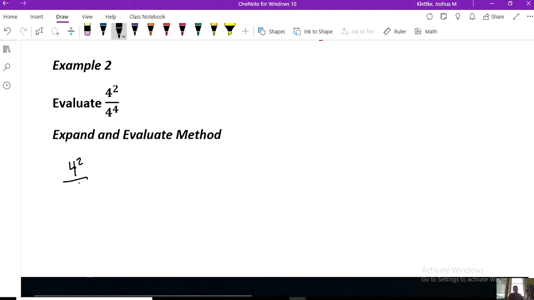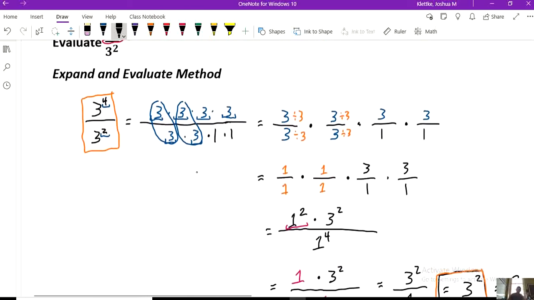We have 4 to the second over 4 to the fourth. That's equal to 4 times 4 on top, 4 times 4 times 4 times 4 on bottom. Now, we're not going to write as much for this one because we got through the foundational ideas up here.